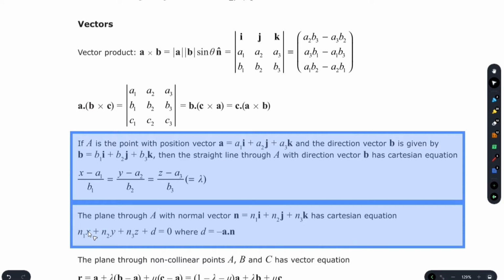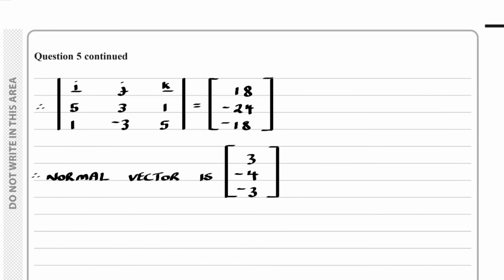And if you recall from the formula book, the general Cartesian form of a plane is n1x plus n2y plus n3z equals -d. And that's by subtracting d from both sides, where n1, n2 and n3 are the coefficients of i, j and k of the normal vector. Which means then, pi 2 is given by 3x subtract 4y subtract 3z equals d.